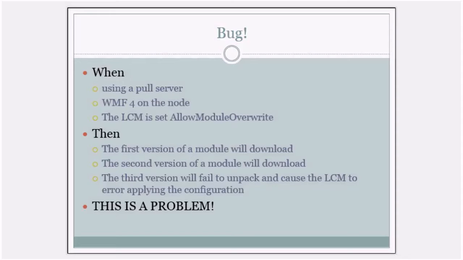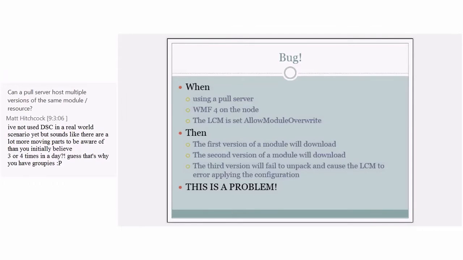What came up, and this is a problem with WMF4, is that I had set the local configuration manager to allow module overwrite. That meant the pull server could give me a module, and the local configuration manager should pull that module down, unzip it, and overwrite the existing module.